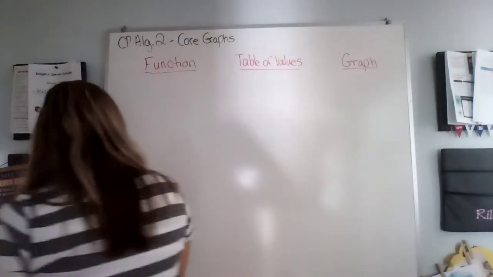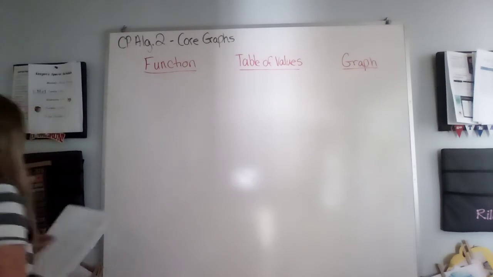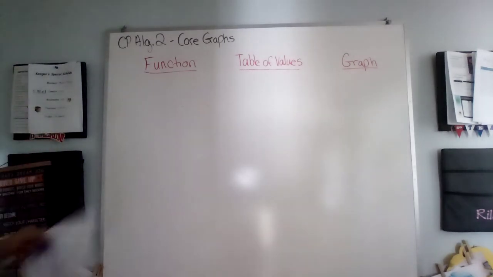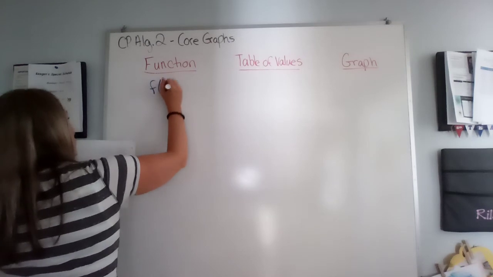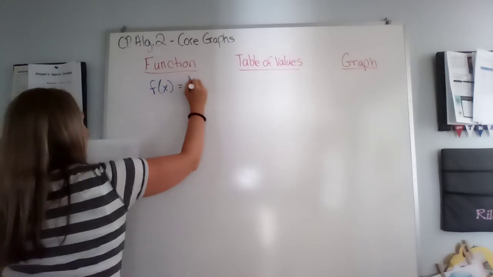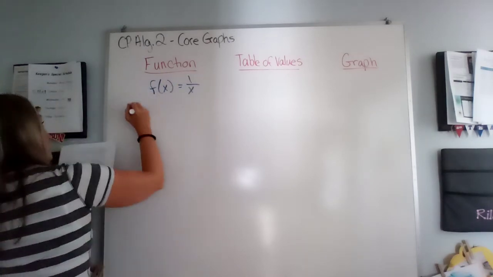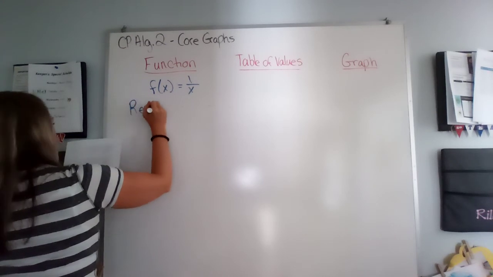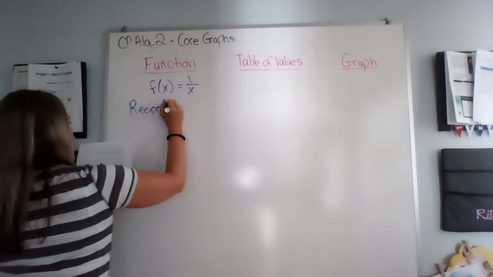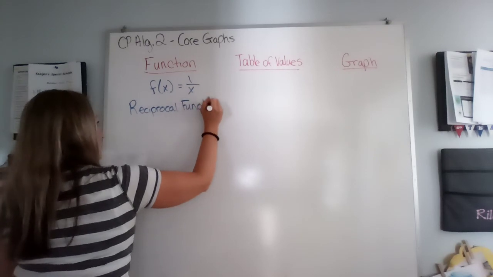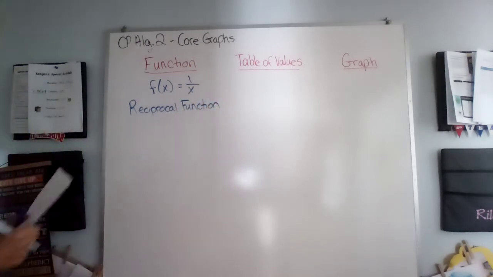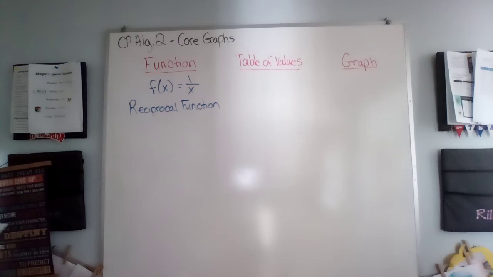All right. Next we have f of x equals 1 over x, which is called your reciprocal function. All right, for your reciprocal function, it never intersects the y-axis.